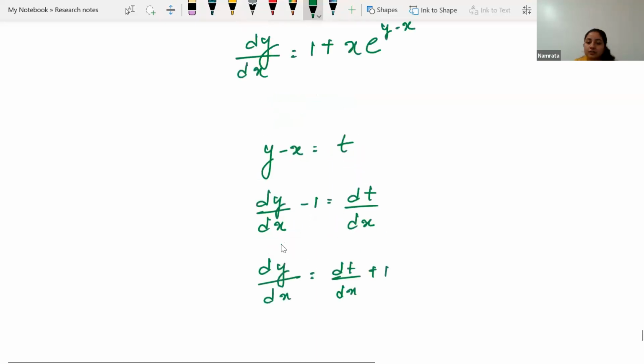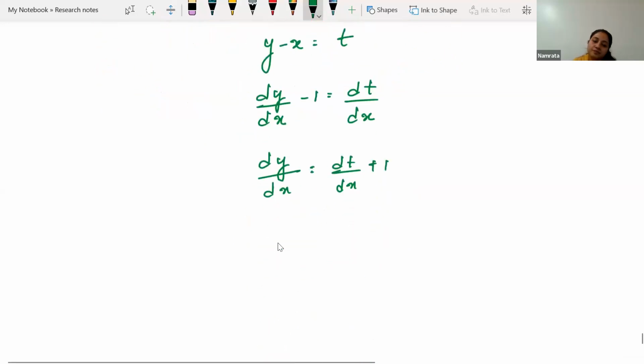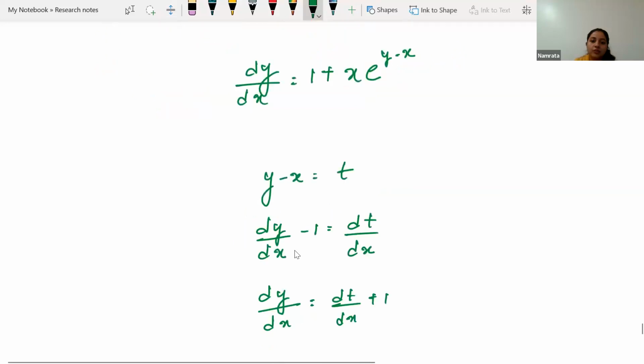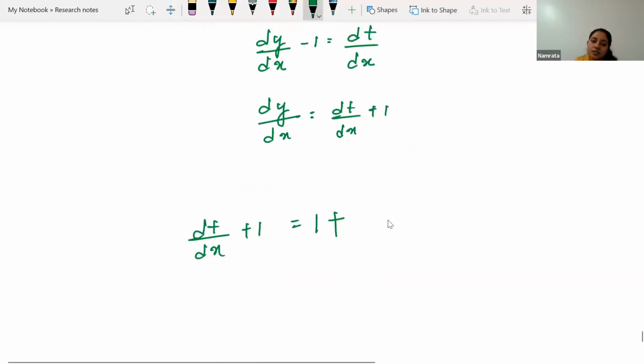Let's substitute it over here. dy by dx is equal to dt by dx plus 1, is equal to 1 plus x e to the power y minus x. Y minus x is t, so x e to the power t.